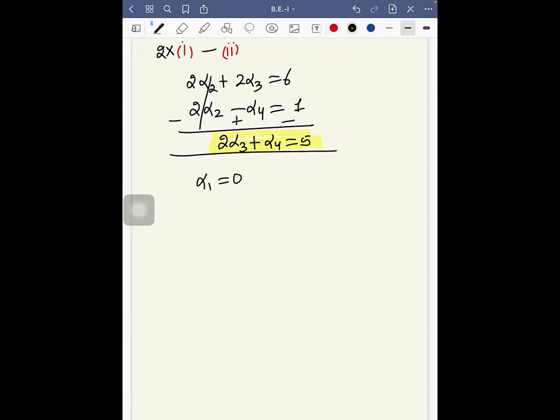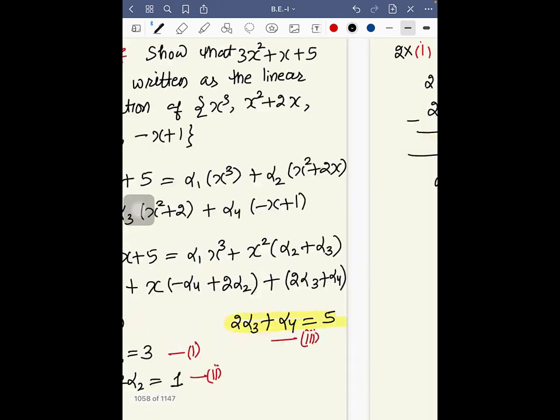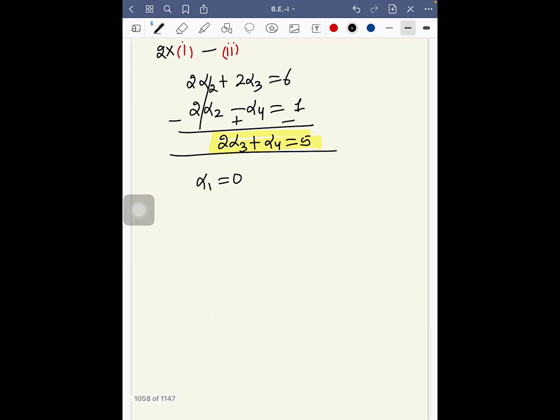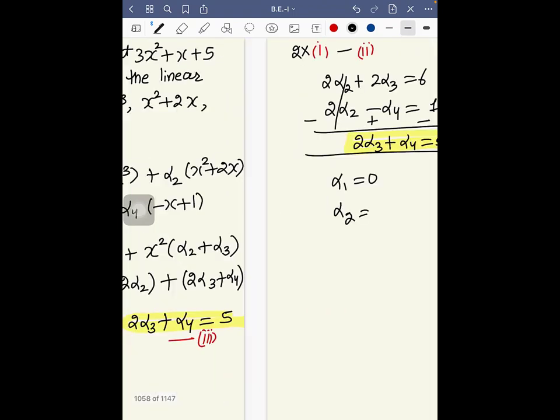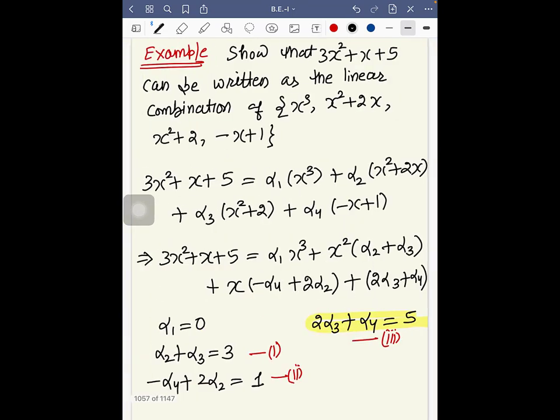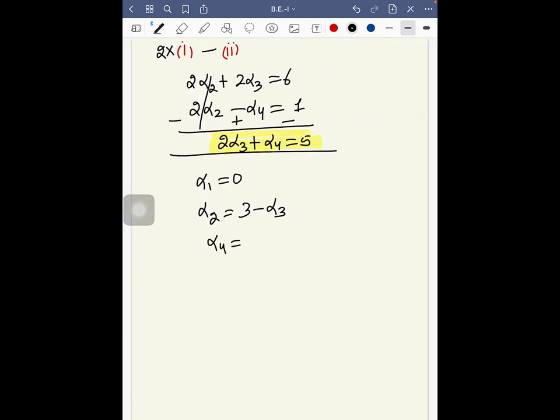So you have alpha 1 is equal to 0, and from the first equation, alpha 2 is equal to 3 minus alpha 3. From the third, you get alpha 4 is equal to 5 minus 2 alpha 3. So this means that this set of equations has infinitely many solutions, right?